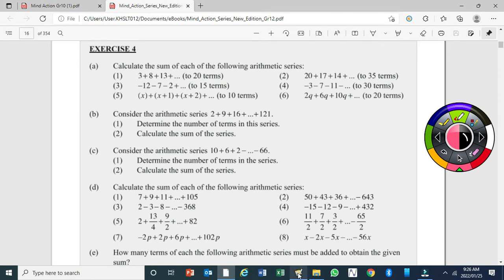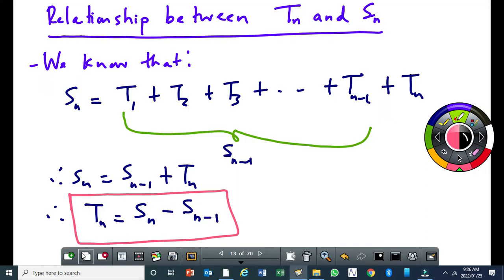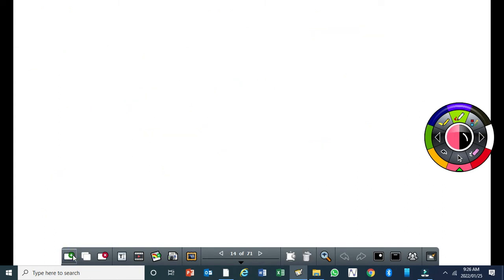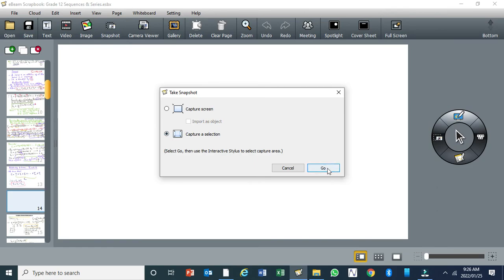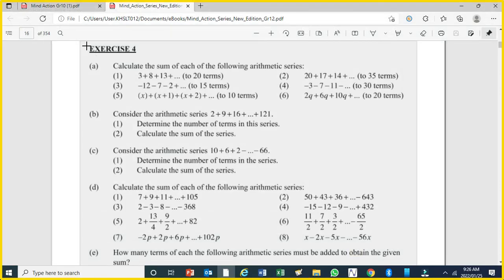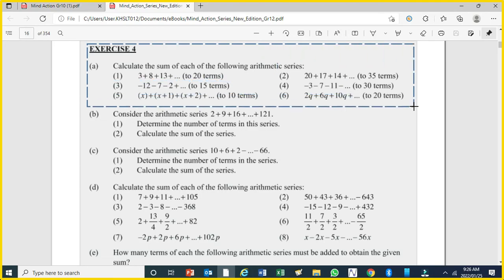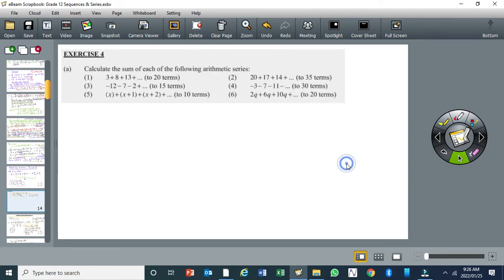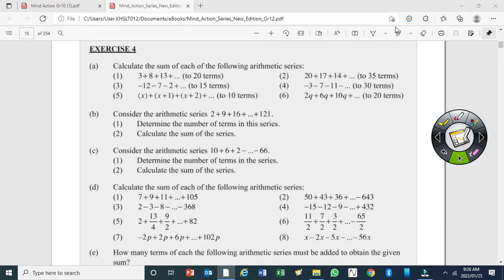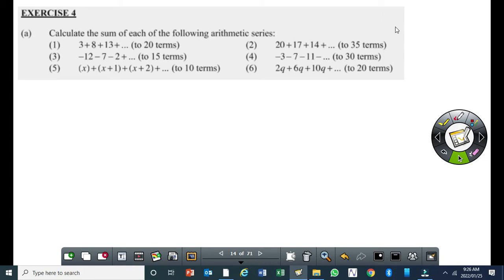Okay, so let me do some examples. These examples, can I have your attention please? This exercise from Mind Action Series, I sent you on the group, and I hope you are all on the group.